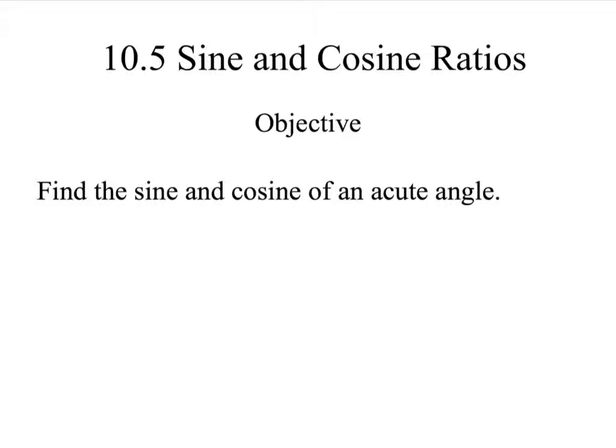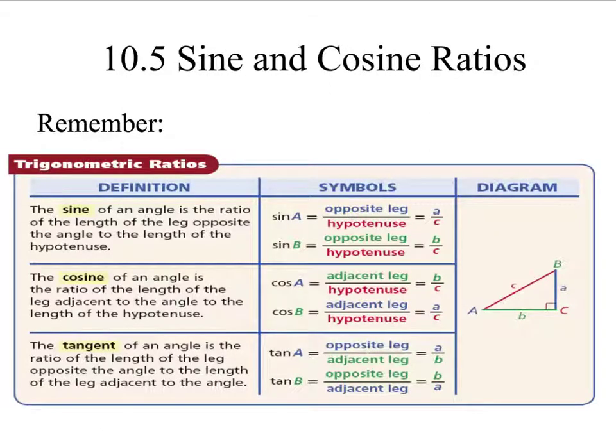Alright, so we're going to be finding the sine and cosine of acute angles today. You'll be given a triangle and you're going to be finding the acute angle in that right triangle. As you remember, sine, cosine, and tangent are all ratios of different legs to the hypotenuse, or legs over legs.